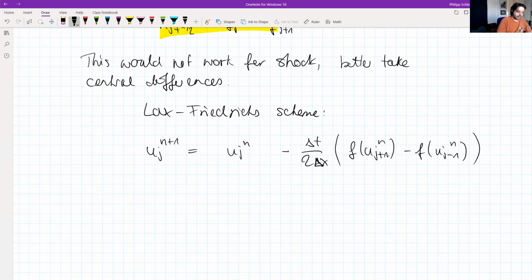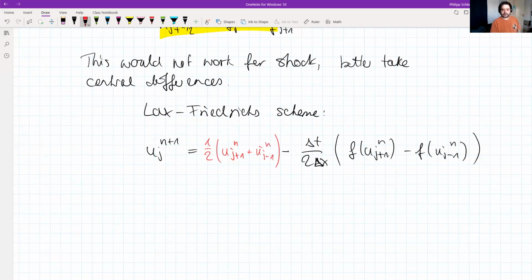Now, of course, you would say I just wrote down the central scheme again, but the trick for the Lax-Friedrichs scheme is that I replace this u_j^n with yet another central difference, by u_{j+1}^n plus u_{j-1}^n, divided by two.